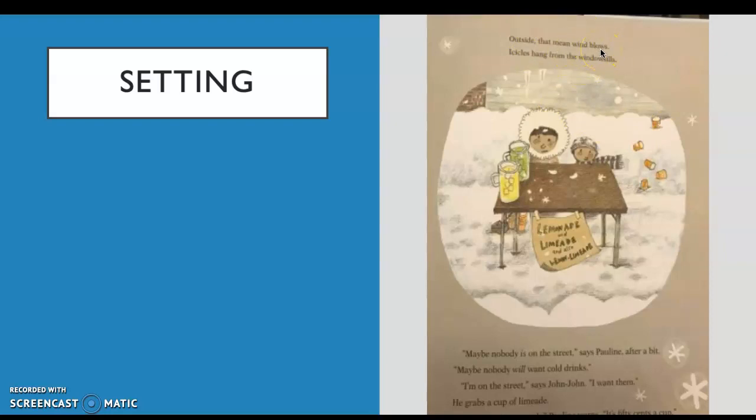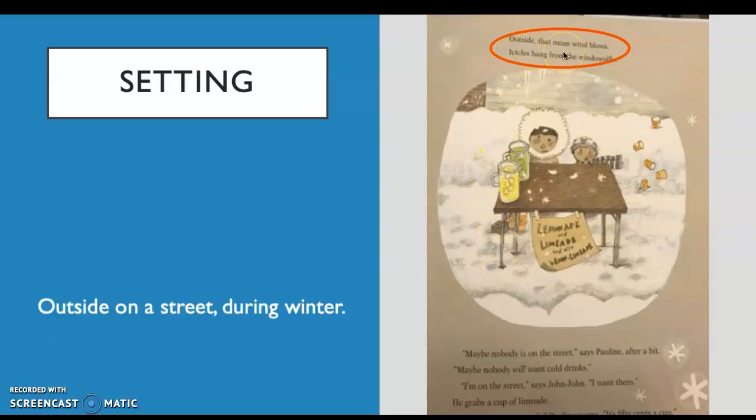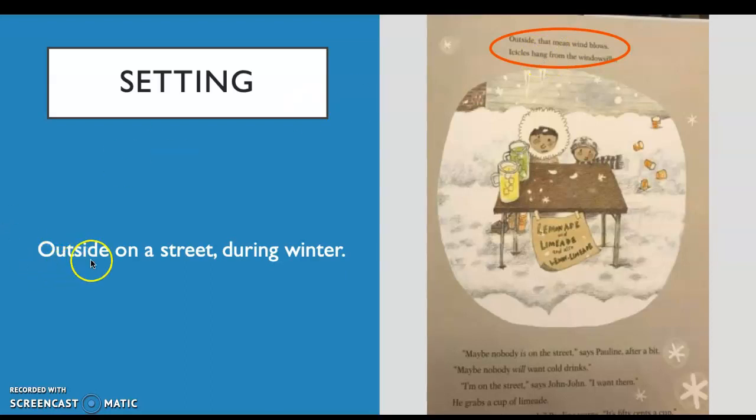So those details from the text are helping me as well. I can see above Pauline's head right here, there are some icicles hanging, and it says that right here. Icicles hang from the windowsill. So, using this illustration and the text, I can say that the setting is outside on a street during winter.